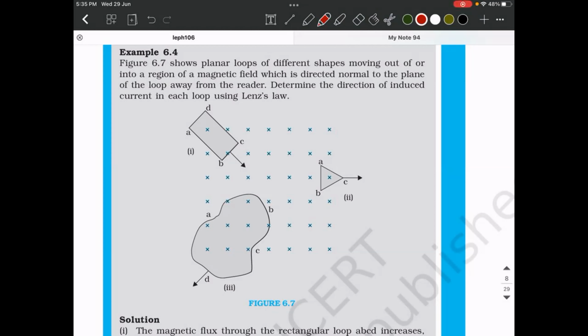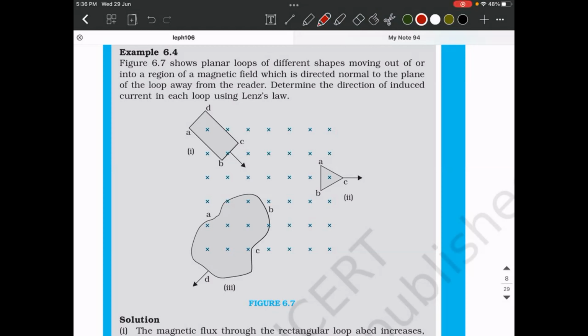Strike off induced EMF and change it to induced current. That makes more sense. Wherever EMF is there, strike it off and change it to current.